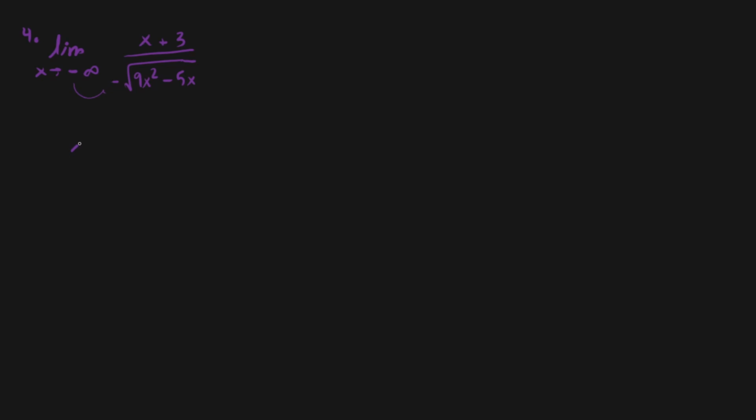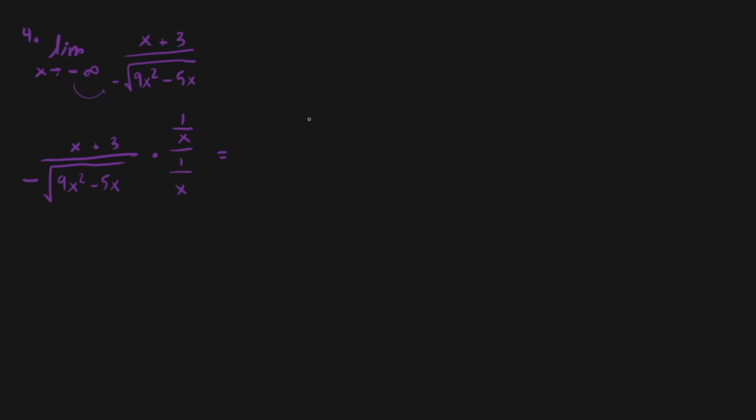So we're going to rewrite the expression below. We get x plus 3 in the numerator, nothing changes, but in the denominator we have negative square root 9x squared minus 5x. Now, what we've been doing for all the problems, we're going to multiply the numerator and denominator by 1 over the variable of the highest degree, which is x. So multiply the numerator by 1 over x and the denominator by 1 over x.